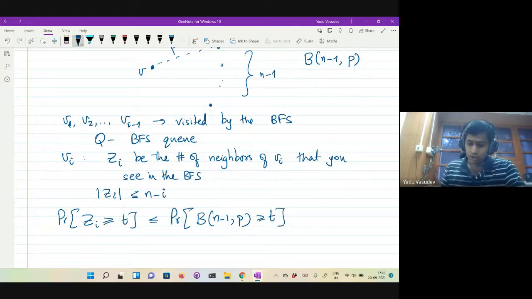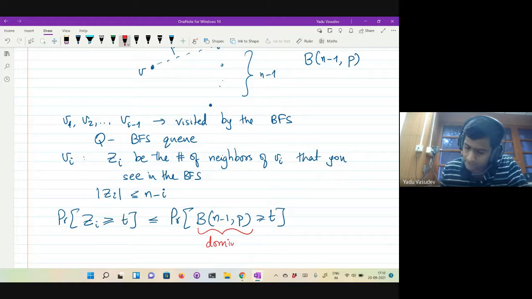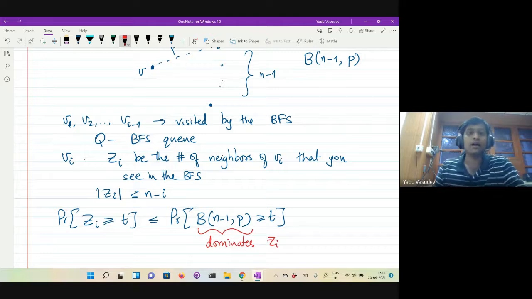So this binomial random variable dominates Zi, where you have at most n minus i vertices, and you want to choose p out of them.